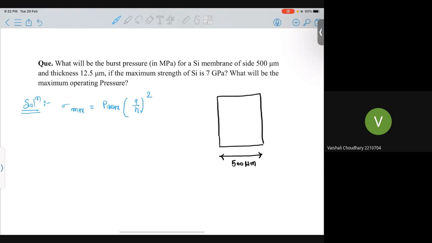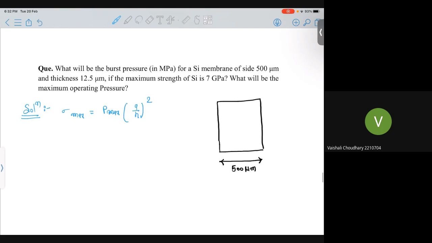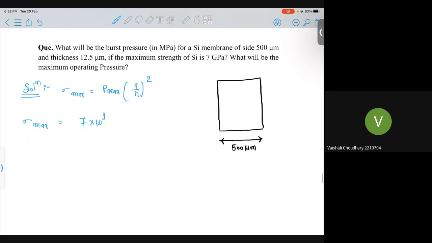So this is the condition for maximum pressure, because they have mentioned the maximum strength of the silicon is 7 GPa. It means they have given the maximum stress of 7 GPa, and this is the 2A side, which is 500 micrometers. So if we calculate the value of A, that should be 250 micrometer, right?